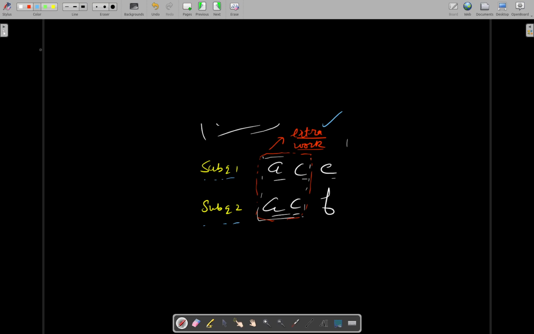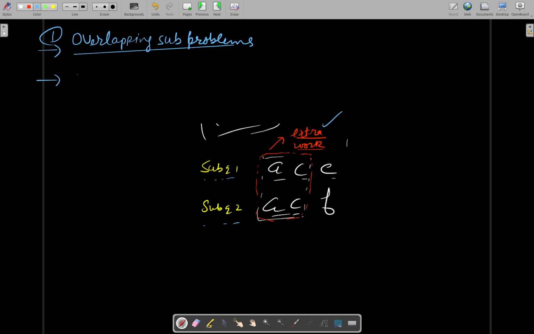Then we can easily see that there are overlapping subproblems. Okay, so a subproblem is occurring in more than one subsequence. So there are overlapping subproblems. The first observation is that the problem statement that is given to us is having overlapping subproblems.